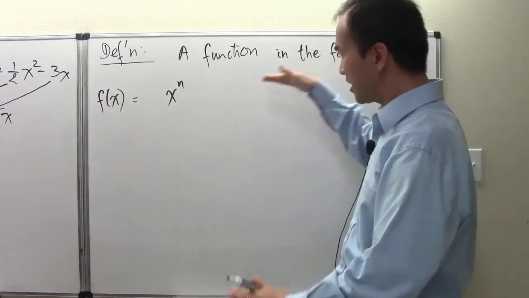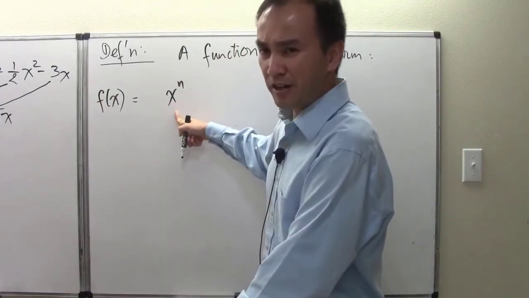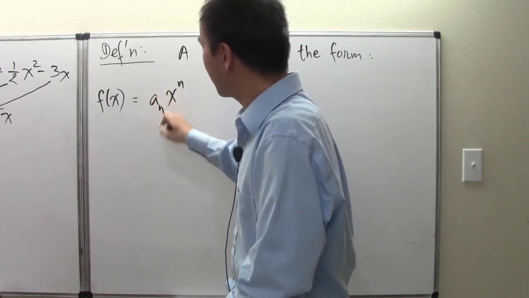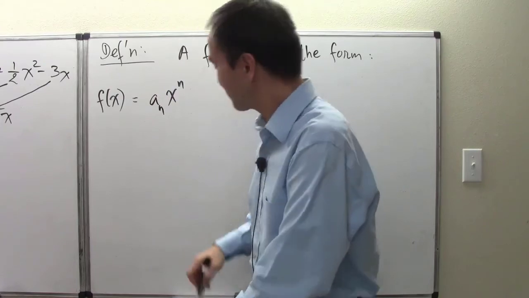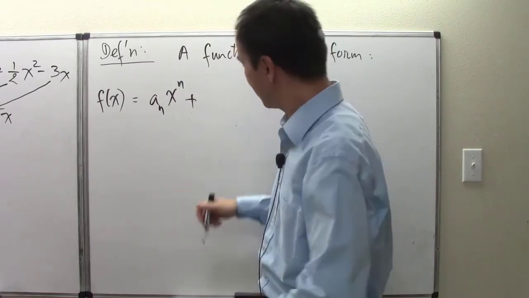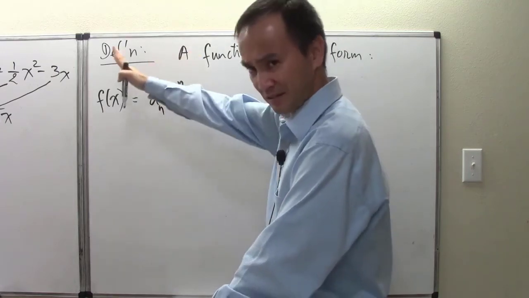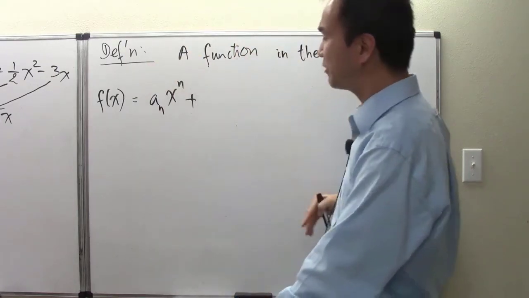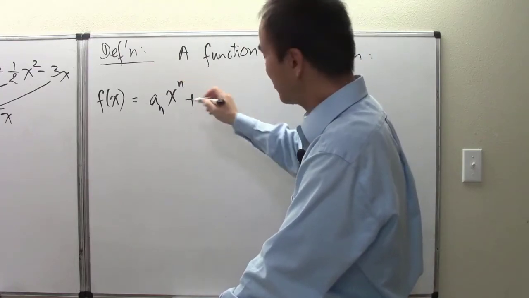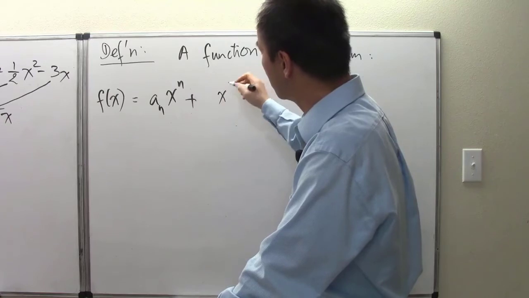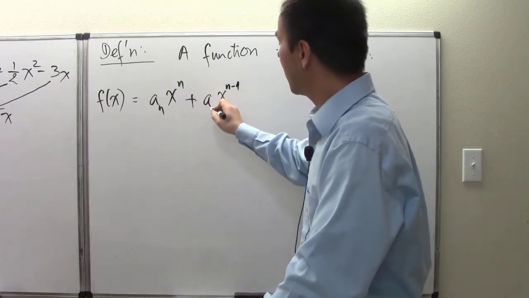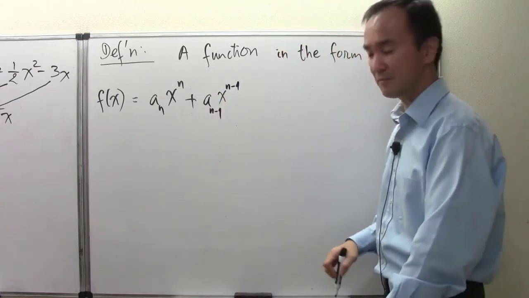So any function in the form of some power n starting with some coefficient that I call a_n, and I'm going to add. It's a sum of power functions, and we purposely write them in a certain order. So here I go with decreasing order. The next power function has to be one power lower, so n minus 1, which makes sense naturally that way, and then a_(n-1).